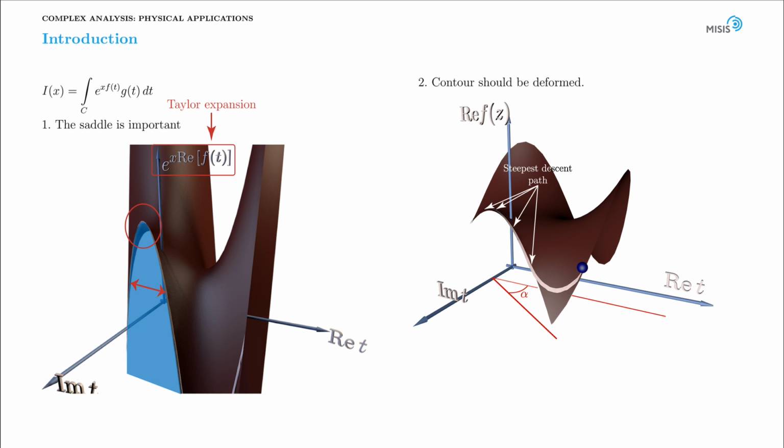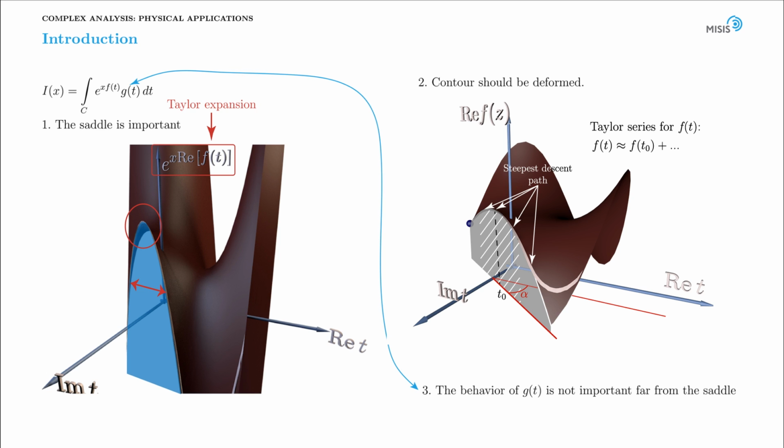It is the path of the steepest descent. By going along the steepest descent direction, we maximally shrink the important region for the integral, and our Taylor series expansion of the exponent of the exponential function gives ever better accuracy. Third, the behavior of arbitrary function g of t is not important as long as it's smooth in the vicinity of the saddle t0.